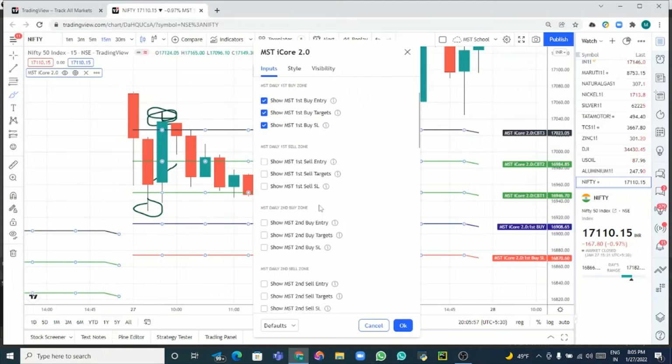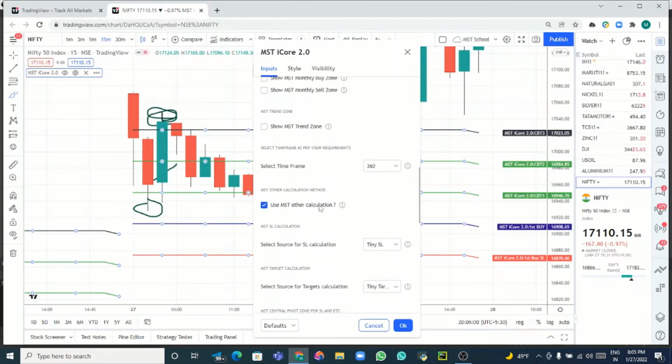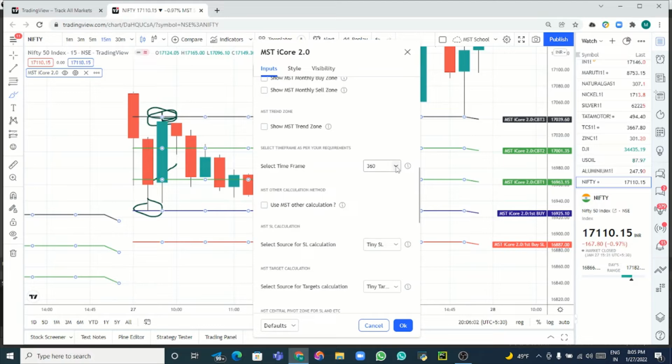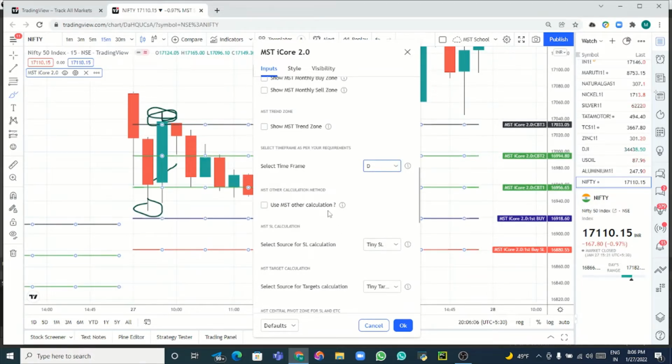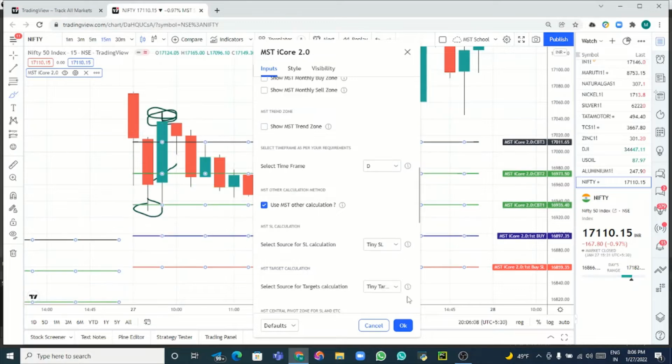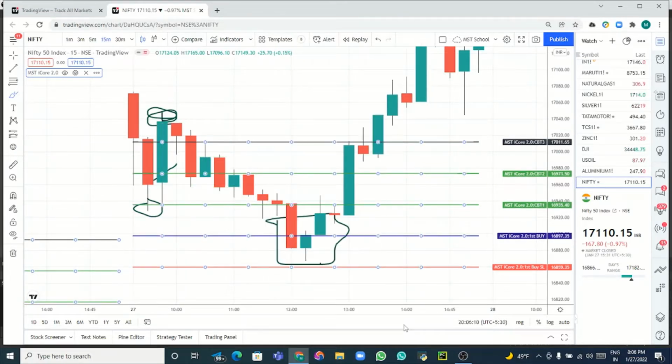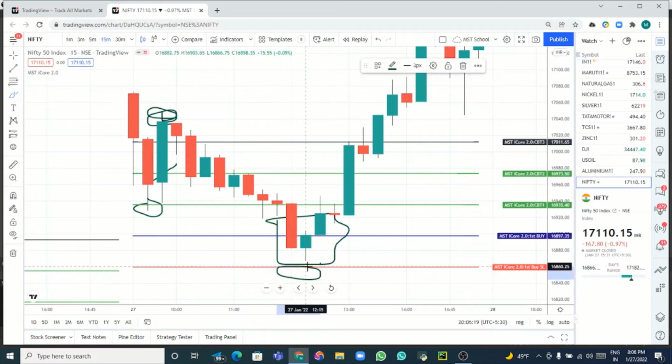Next, go to the day time frame with the MST other calculation. Here we consider this as the zone. If the market closes below this level, then the sell trend will continue. If the market does not close below that level, then the market will reverse. This is one concept.